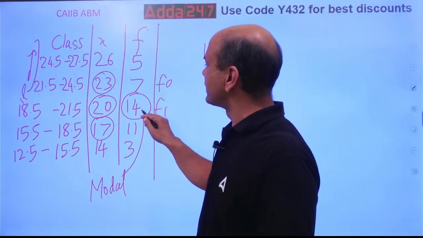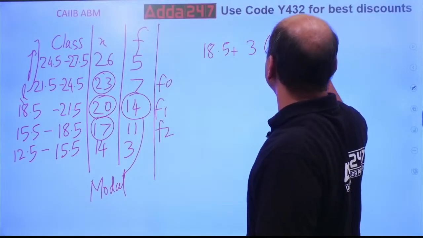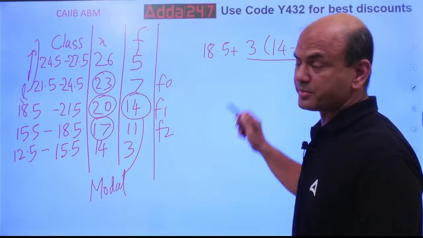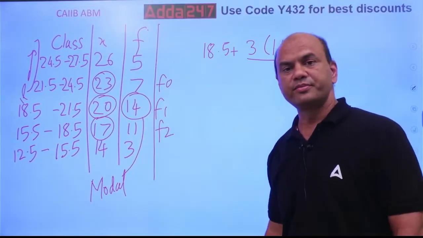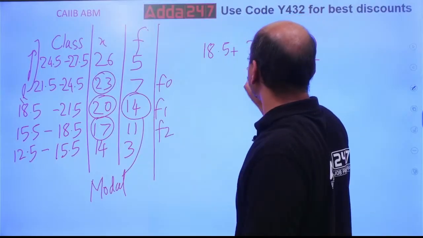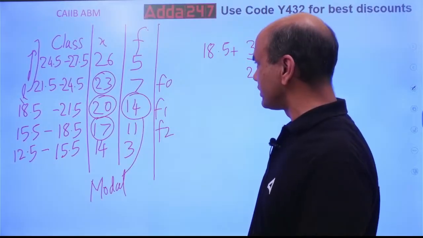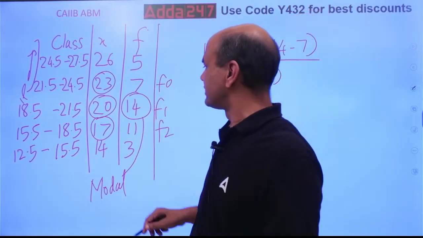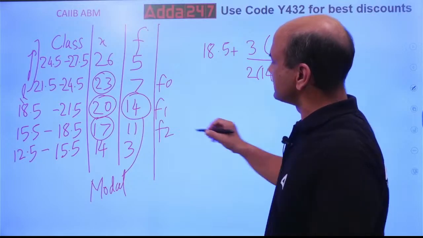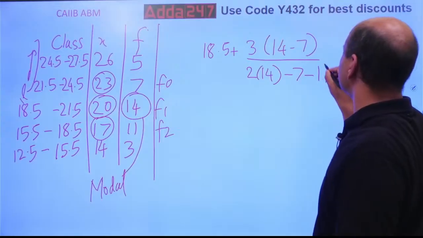This is the frequency, 14 minus 7, upon this. Upon is only for this part, not for this 18.5. Upon 2F1, 2 into 14, minus F0, which is 7, minus this second F2, which is 11.